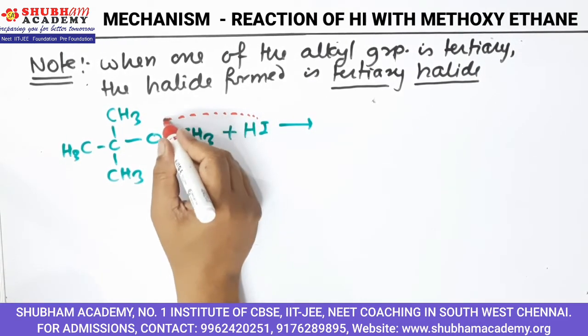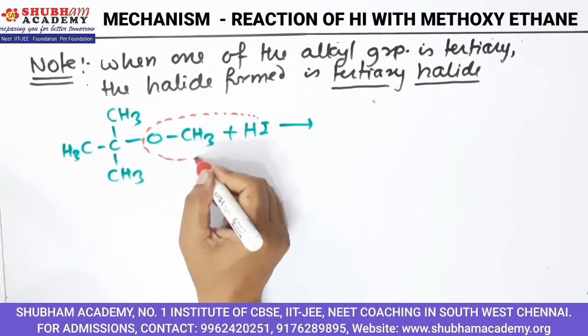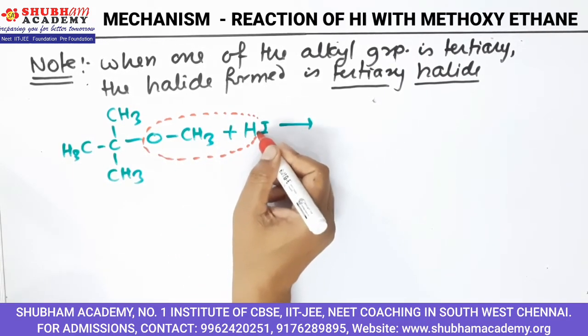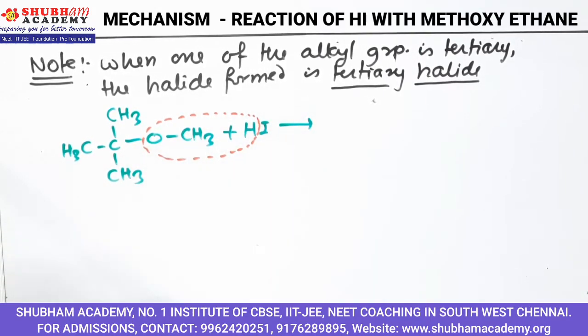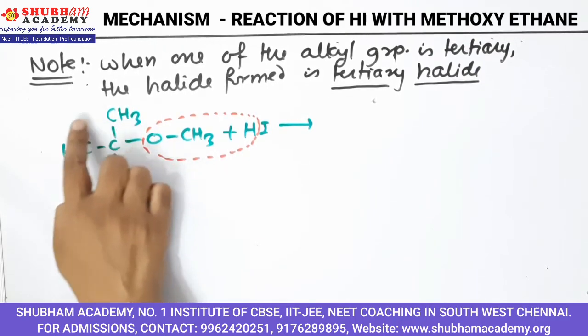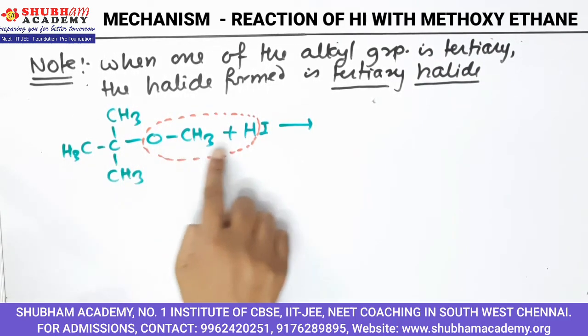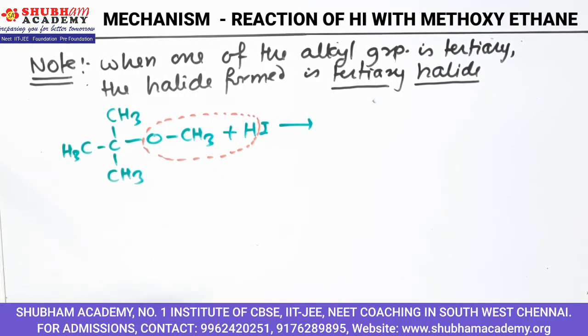this part will form alcohol. If you remember the previous reaction, what was happening? The side with more number of carbon atoms was forming alcohol and the other one was forming alkyl halide, whereas in this case this part will form alkyl halide and this is forming alcohol.